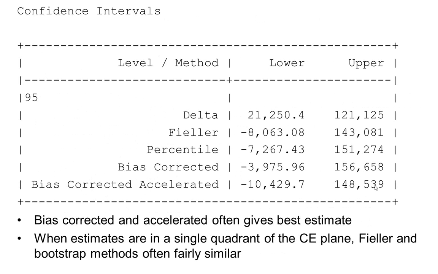People who have studied this said that the bias-corrected and accelerated probably gives the best estimate of the true 95% confidence interval. And you'll see that the Fieller estimates and the bias-corrected and accelerated estimates are pretty close to each other. As a rule of thumb, when most of the estimates are in a single quadrant of the cost effectiveness plane, the Fieller and the bootstrap methods often are pretty similar.